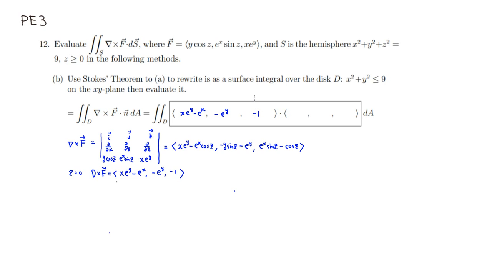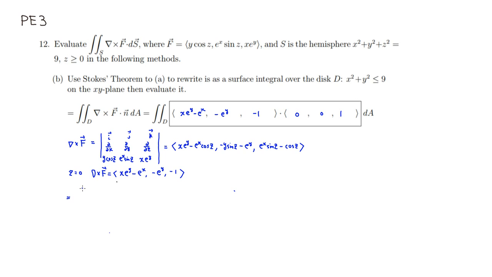Then you want to find the unit normal vector. The normal vector is simply the k vector, so it's 0, 0, 1. If you multiply out, this times 0 is 0, plus that times 0 is 0, and the only thing you get is negative 1.